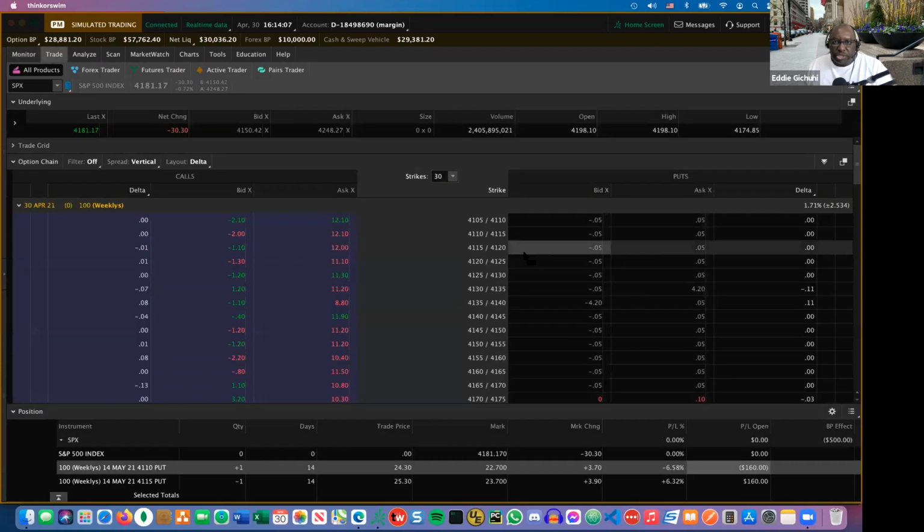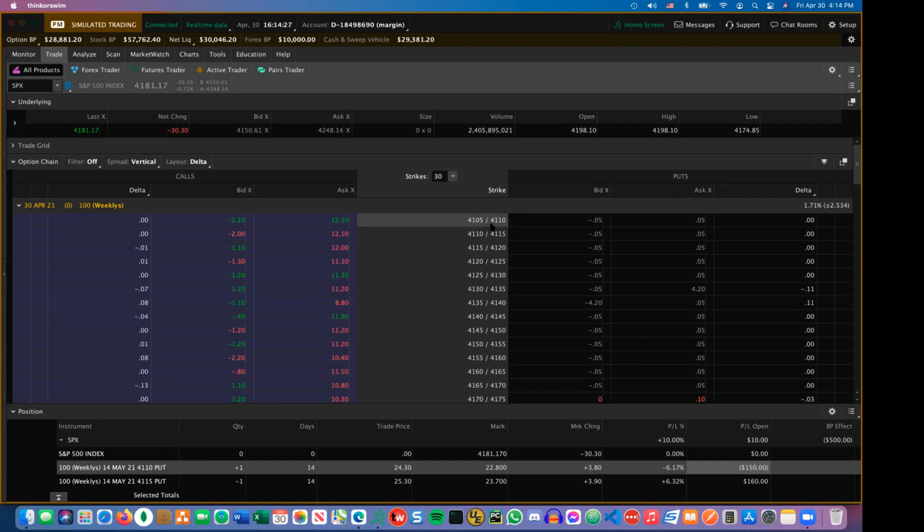How do we know that it's a 5-point wide spread? If we go back to the chain, looking at my strike prices, just looking at this first one, 41.05, 41.10, this is a 5-point difference. That's called a 5-point wide spread. Remember that each contract is 100.